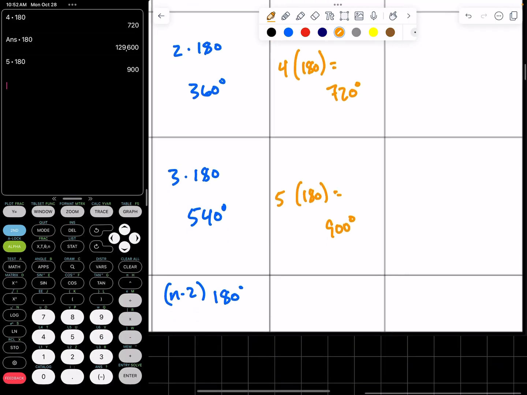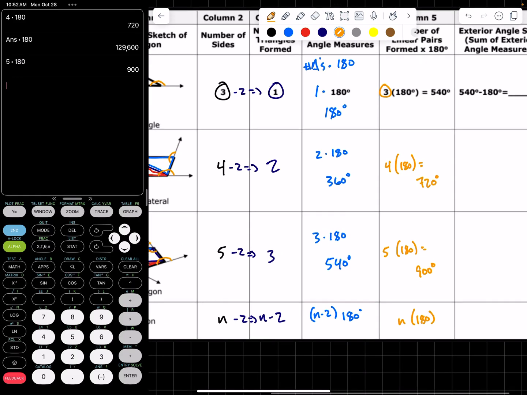And so here, we just say n times 180, because if we pay attention, we have the same number of linear pairs as we do number of sides. So we would just take all of that and multiply it by 180.